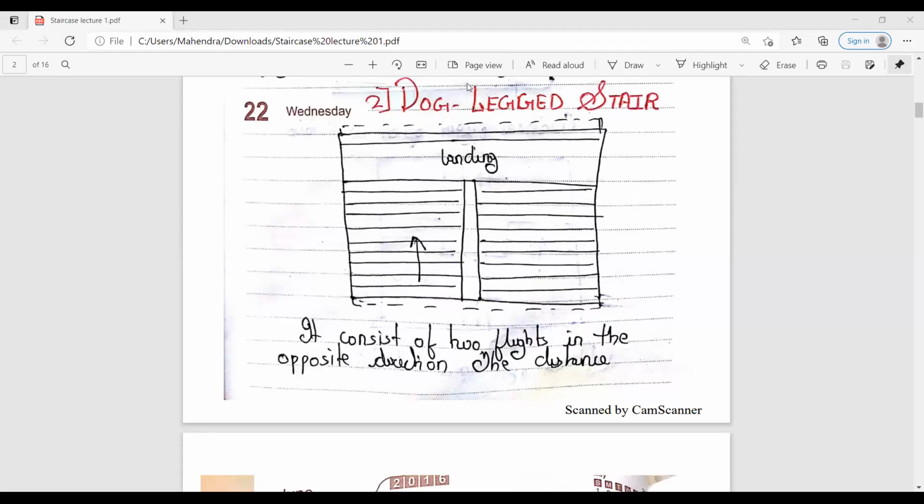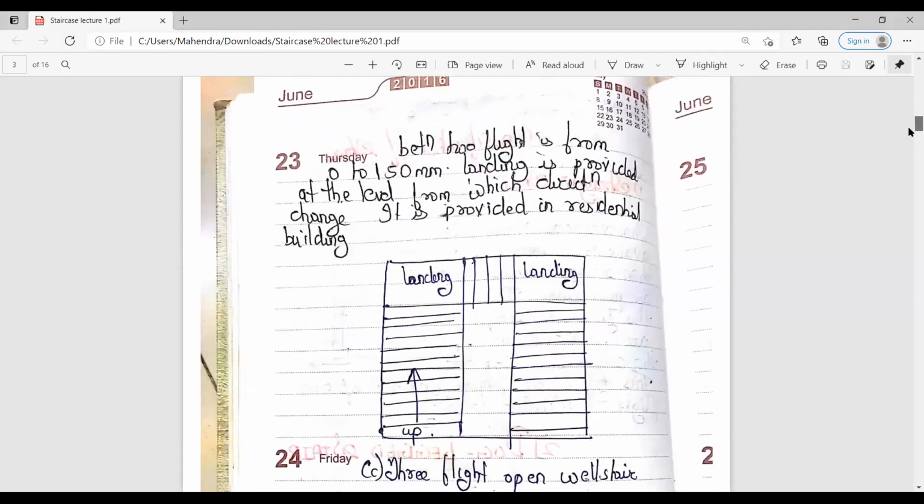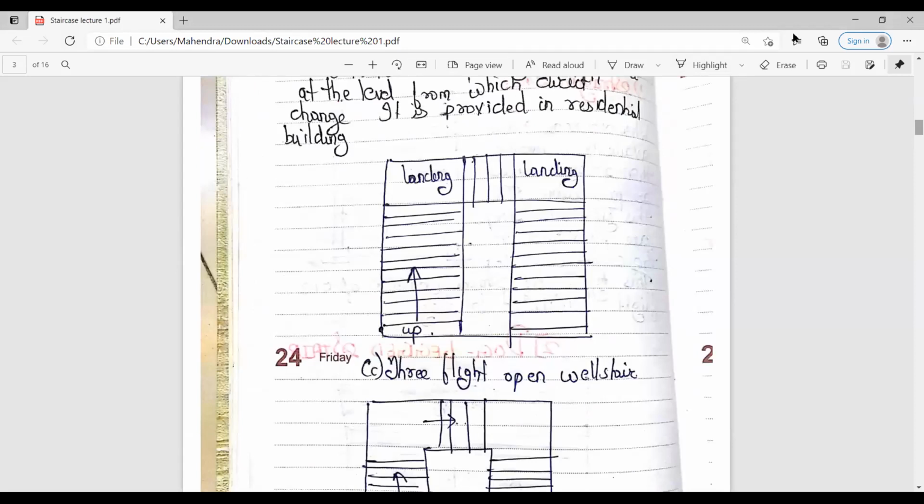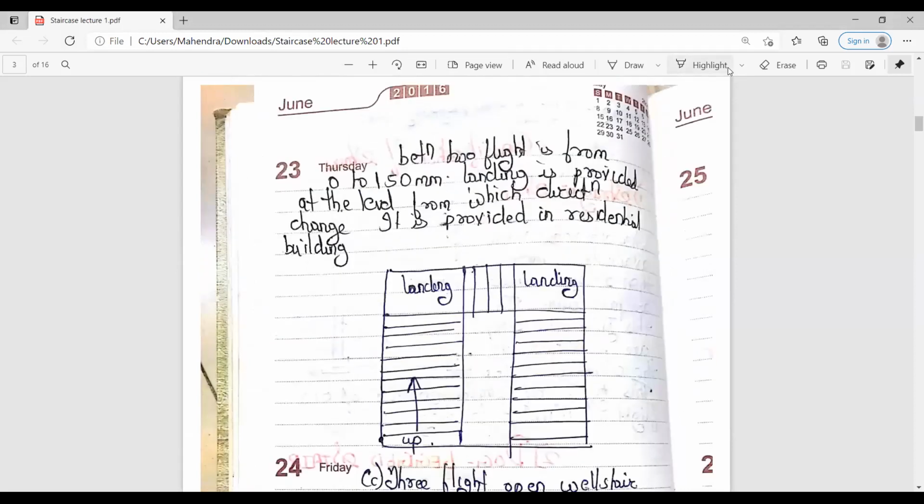Okay, done. Completed. Those who want to write the description also, they can write. And I will suggest you to write the description too.